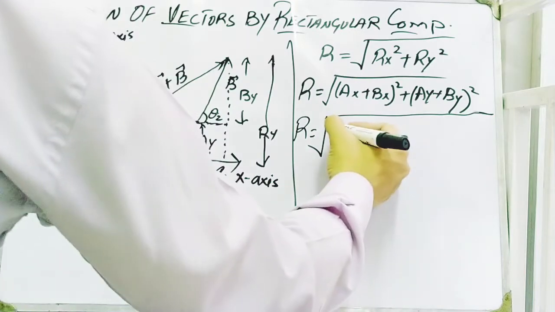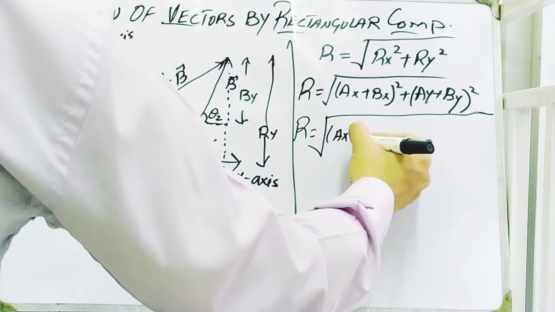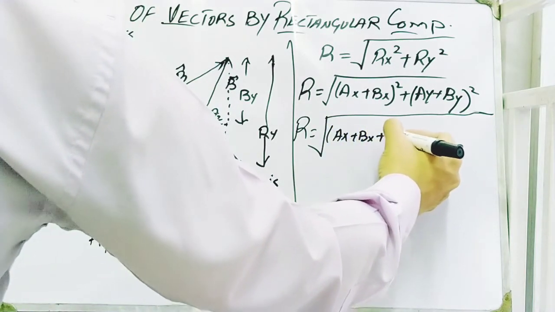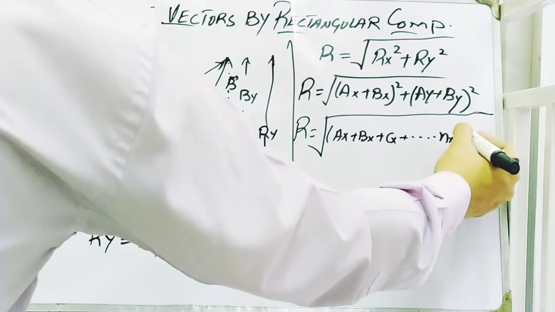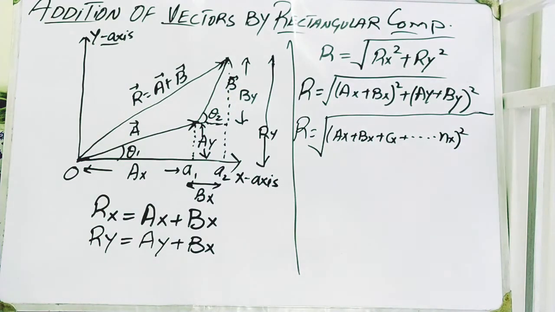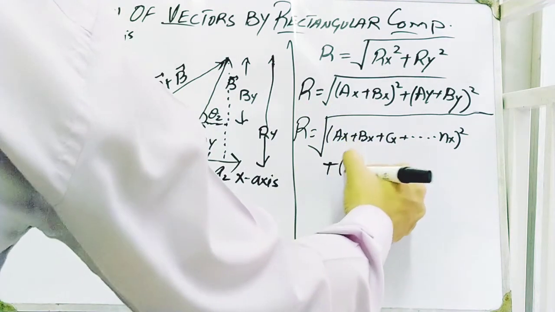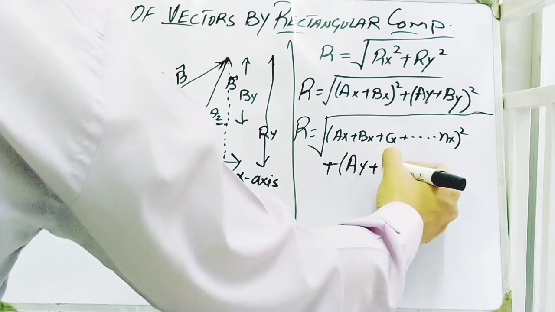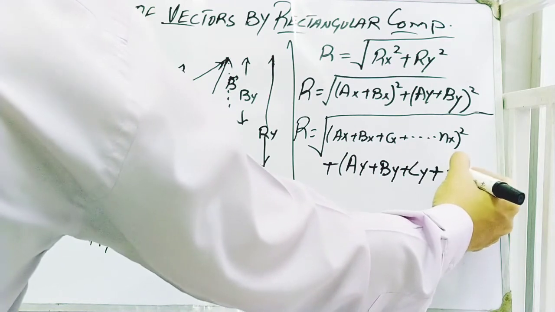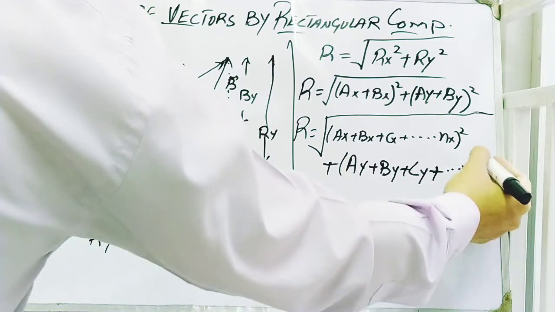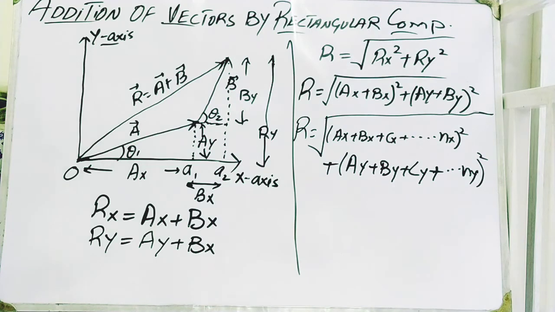this will be something lengthy: Ax plus Bx plus Cx plus up to Nx. Nx means the last vector which is added in this addition of vectors, plus the y components of all the vectors, Ay plus By plus Cy plus up to Ny, of this whole situation.